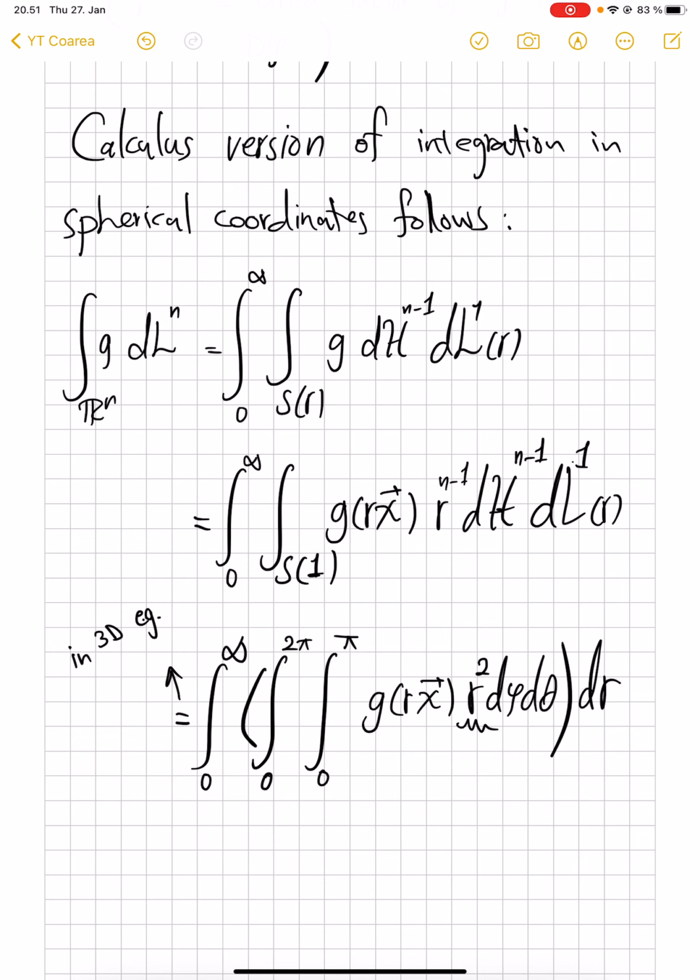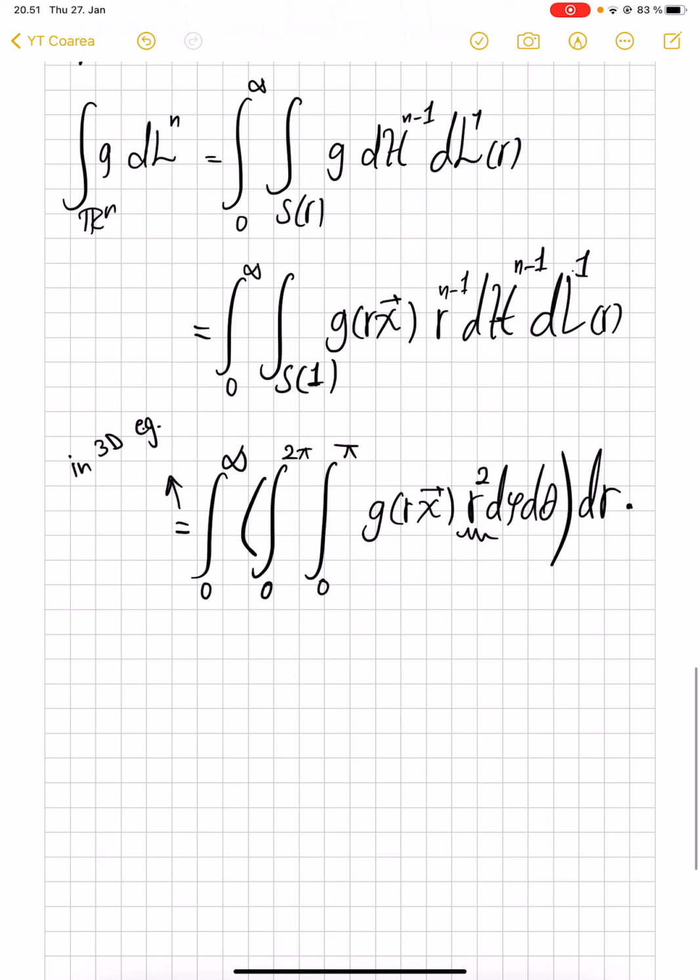What is interesting here, and this beautifully illustrates it, is that this factor that comes in has to do with the integration along the spheres, and how these angles capture the measure on the spheres, rather than with the R itself.